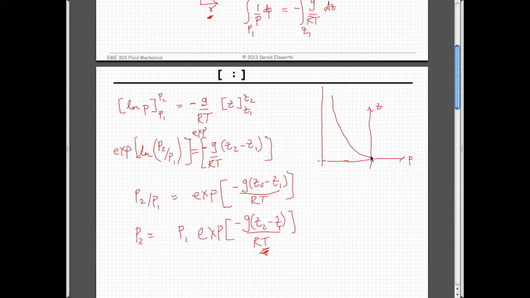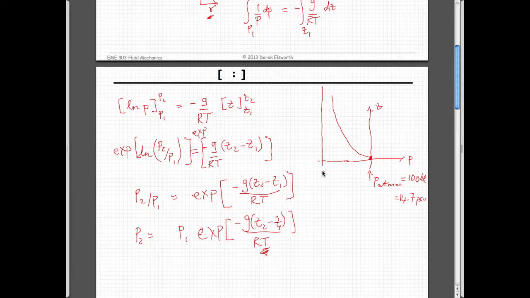This, if it's the surface of the Earth, this is atmospheric pressure, right? And we know that atmospheric pressure is 100 kPa, and we're going to run out of space. It's also equal to 14.7 psi.